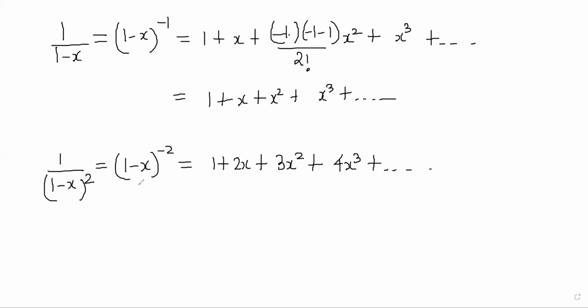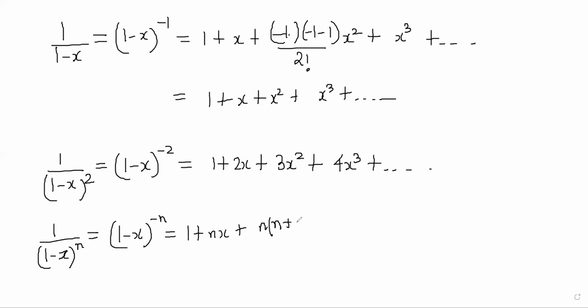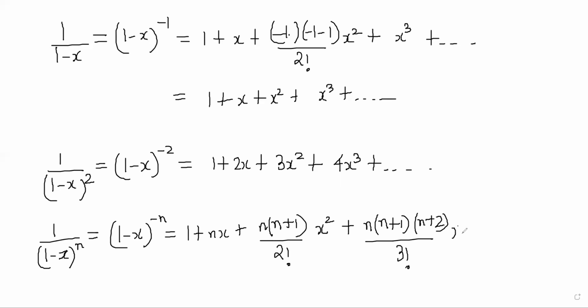So in general, you should know the expansion of 1 by (1 minus x) to the power n, and that will become (1 minus x) power minus n, that is 1 plus nx plus n into n plus 1 by 2 factorial x square plus n into n plus 1 into n plus 2 by 3 factorial x cube and so on.